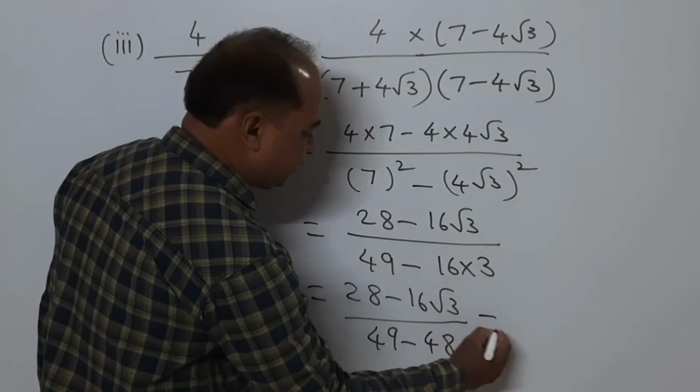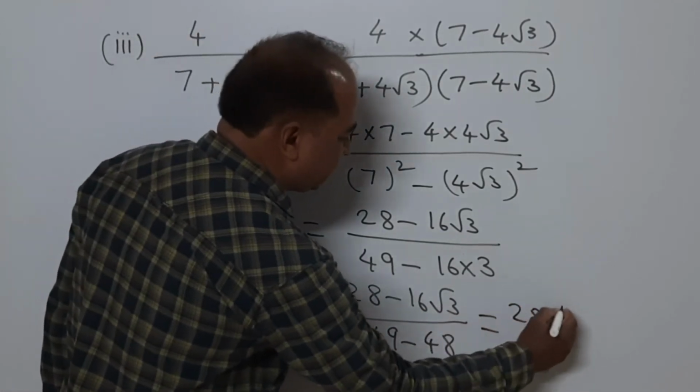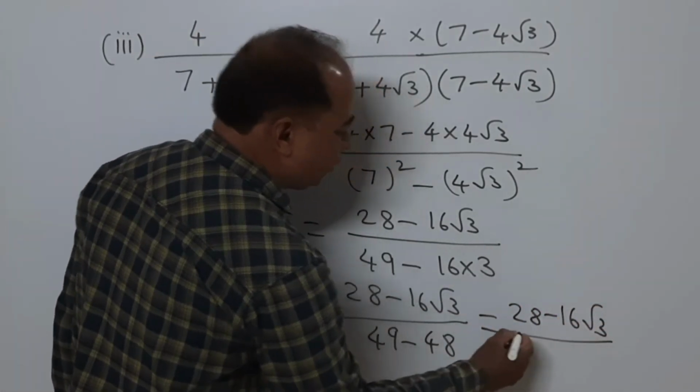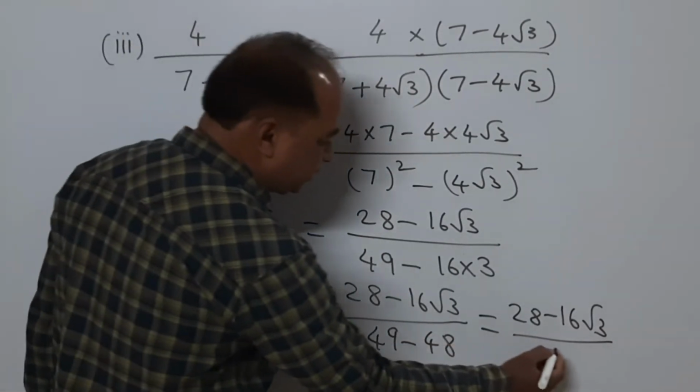Which is equal to 28 minus 16 root 3 upon 49 minus 48 is 1.